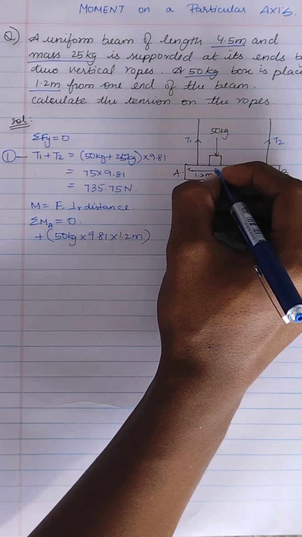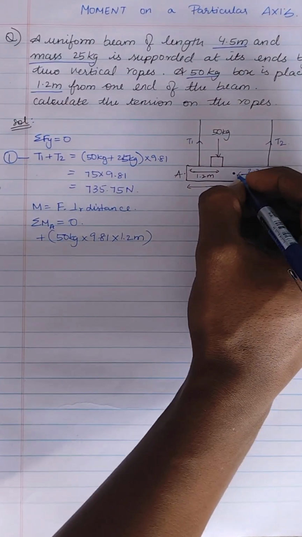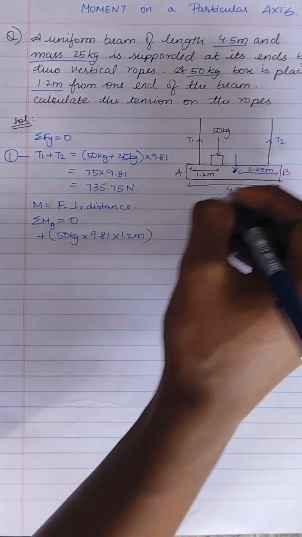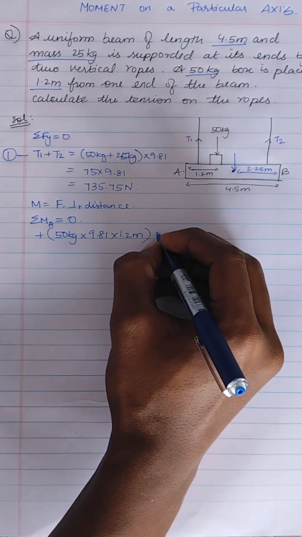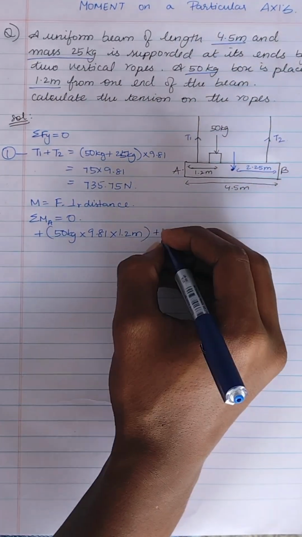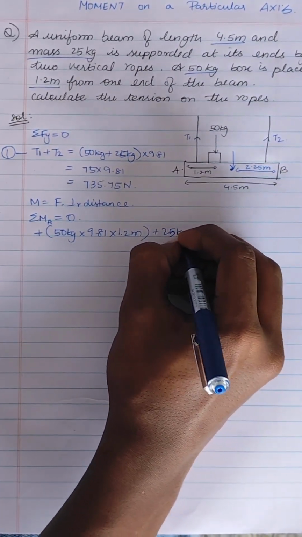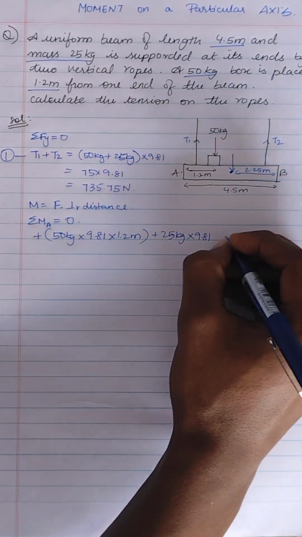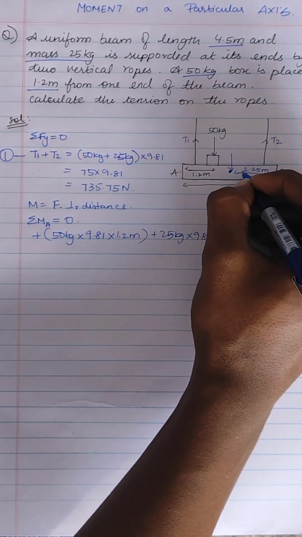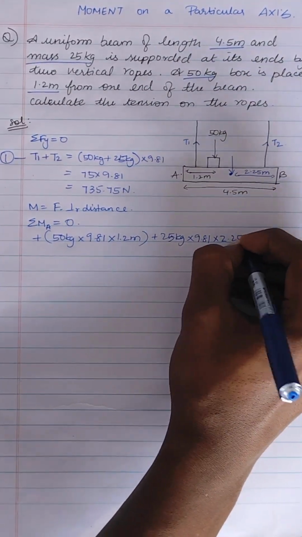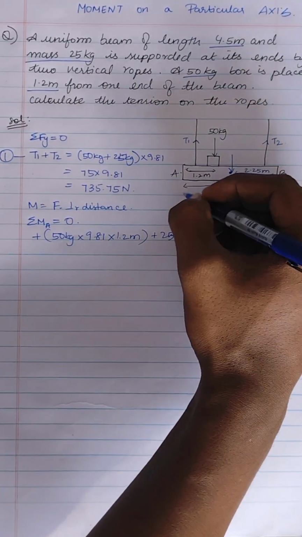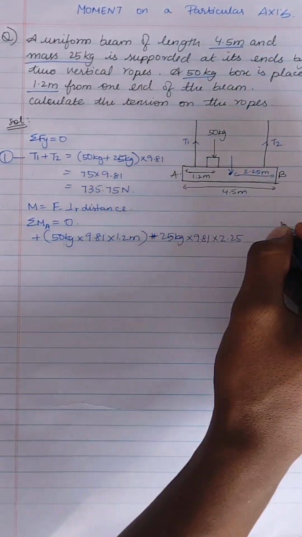And here the next force is acting, it is midway, so plus 25 kg into 9.81 into the perpendicular distance, which is 2.25 meters. Again here it is clockwise, so we are going to take it as positive.